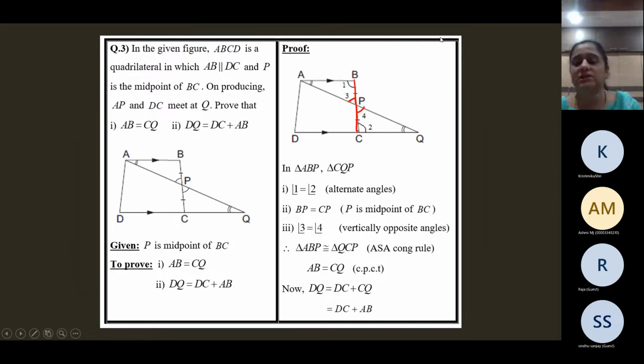Yeah, Raja, tell me the equalities to prove using the AAS rule. I'm using AAS, ma'am.